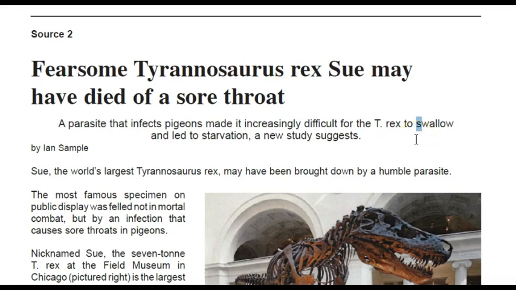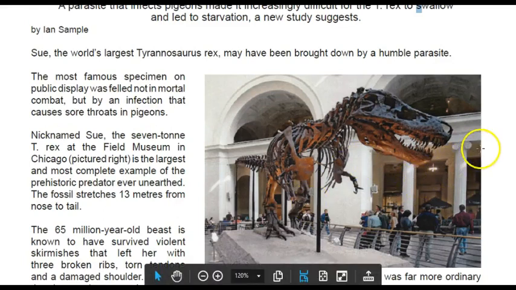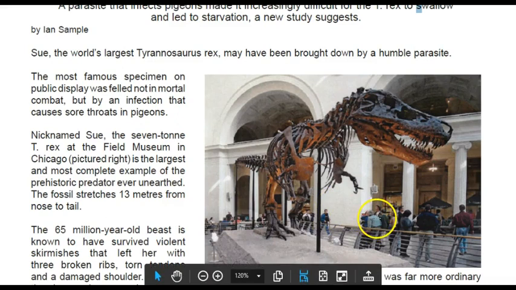Then scrolling down, having a look at the image, I see this rather large headed skeleton of an extinct dinosaur with a huge jaw and very, very sharp teeth, almost like the jaw is jutting out, and the size of it is made even more impressive as it contrasts with the humans in the background.